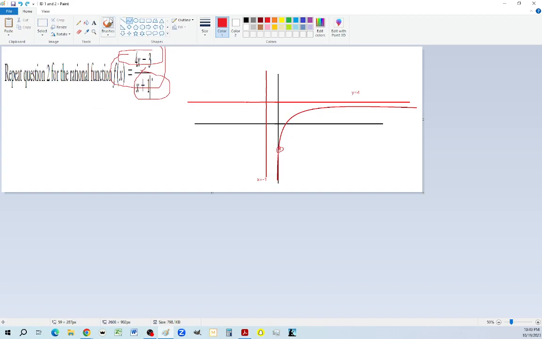Which automatically means on the left side, as I take negative a million, I get negative 4 million minus 3, so it's negative 4 million minus 3, and I get negative 1 million plus 1, which is negative 999,999, which means I'm approaching it from above. So there you go. And if I take a number that's just to the left of minus 1, like minus 1.0001, I get an infinitesimally small number down here.